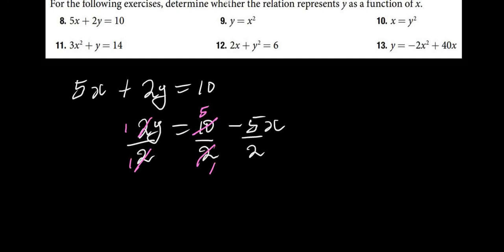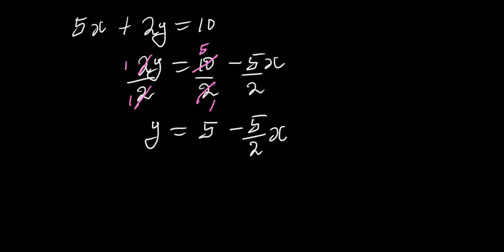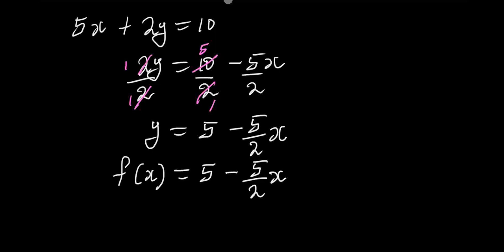So, this is going to give us y is equal to 5 minus 5 over 2 x. At this point, we can write this equation using the function notation, and that is going to change y to f of x equal to 5 minus 5 over 2 x.